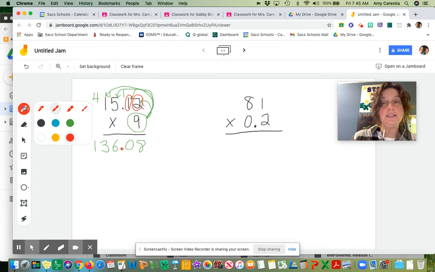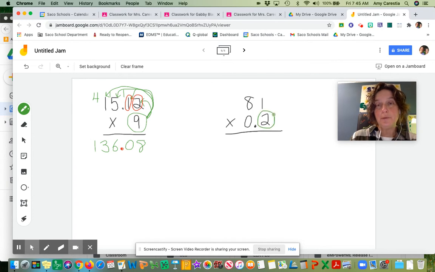So, moving on to the next example, when you're multiplying by a factor that has a 0 and then either a tenths or a hundredths or a thousandths place, it's the same process, except we have to decide how many digits need to be to the right of our decimal in the product. So again, I'm going to start with a factor of 2, and I'm going to go 2 times 1, which is 2.